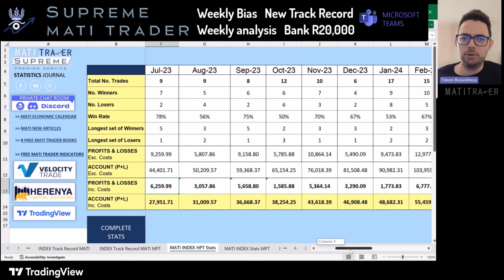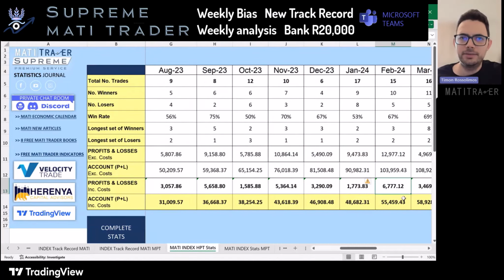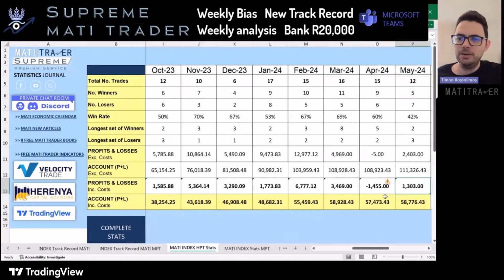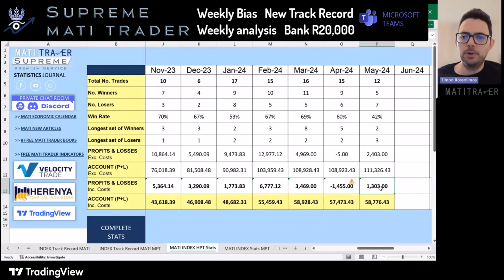And then we can go through it, 3%, 5.6%, 1.5%, 5.3%, 3.2%, 1.7%, 6.7%, 3.4%, minus 1.4%, and then May, we ended up with 1.3% return. So it was a profitable month. We can tick that off the list. It was green, and it's looking fantastic, okay?